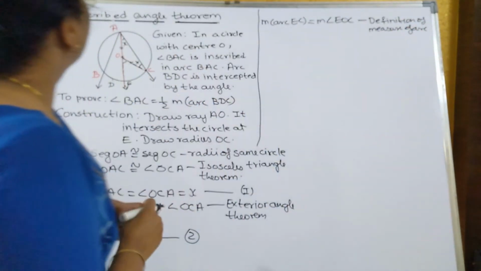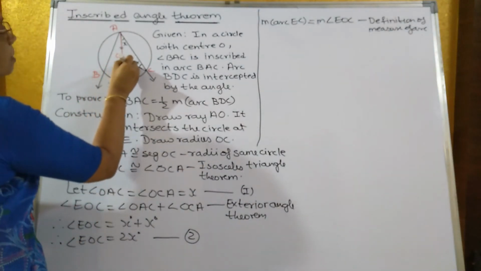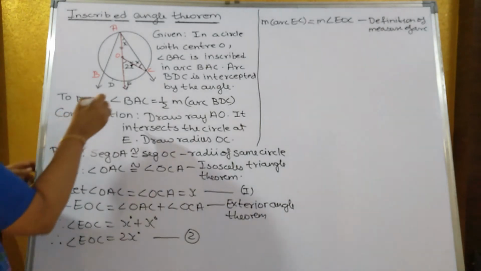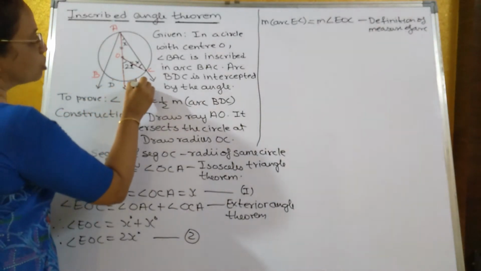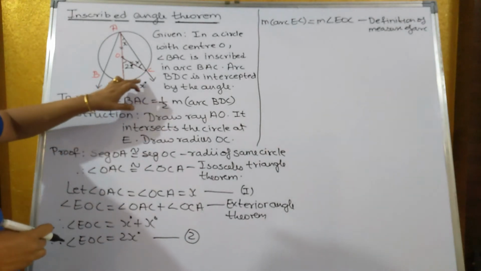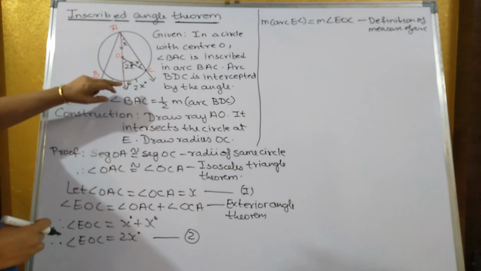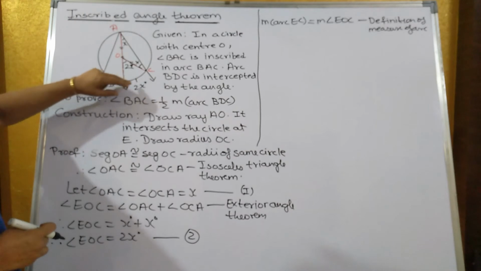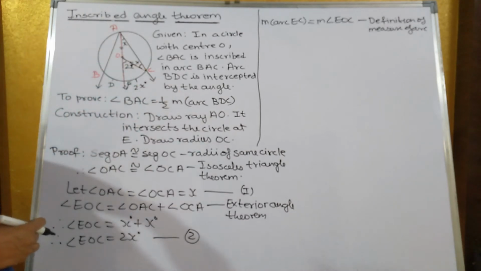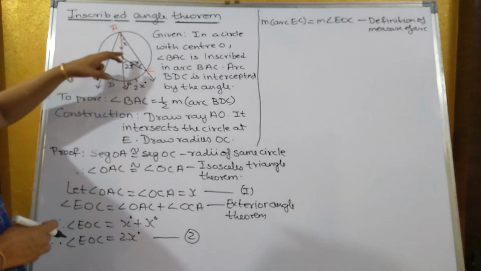So we have got this equal to 2x degrees. So what will arc EC be? Arc EC also will be equal to 2x degrees. We had studied this before, that the measure of the minor arc is always equal to the central angle. EOC is a central angle and EOC is equal to 2x.